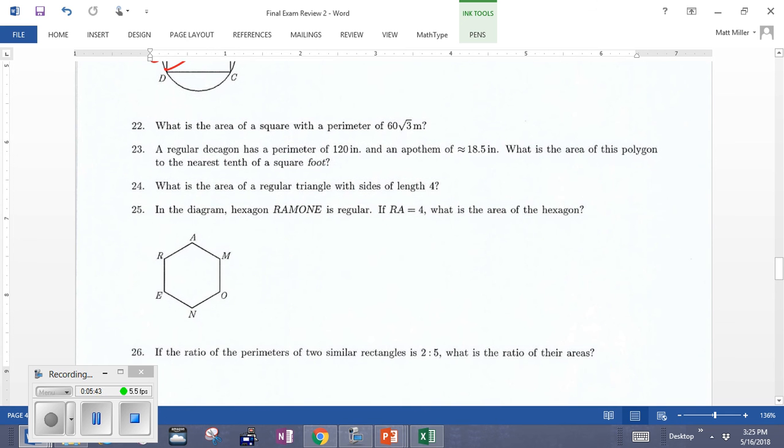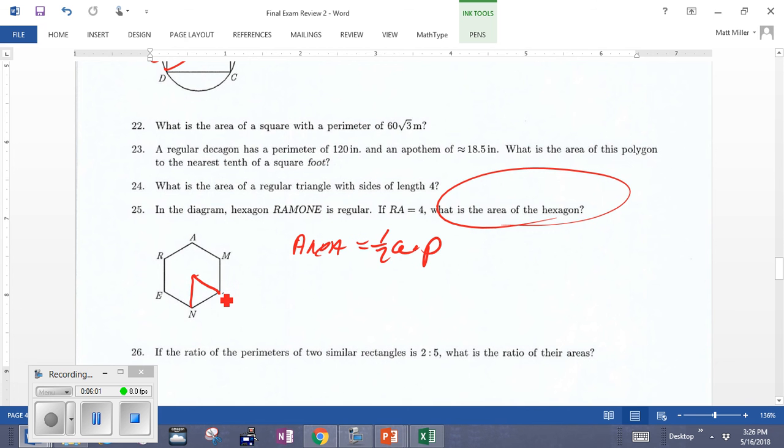All right. The area of the regular hexagon. Okay? Area for regular polygons is 1/2 the apothem times the perimeter. Which means here, again, we've been doing these over and over again. We got to look at that triangle. That triangle has a central angle there, which is 60 degrees.